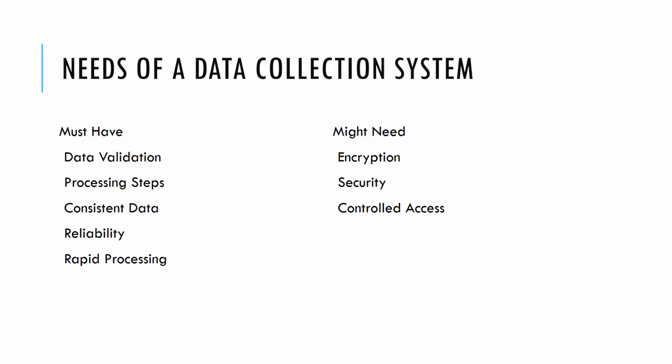The last slide depicts the needs of a data collection system. We all know that data collection systems help to replace the manual process that once occurred on paper. Data collection systems that are electronic should have data validation.